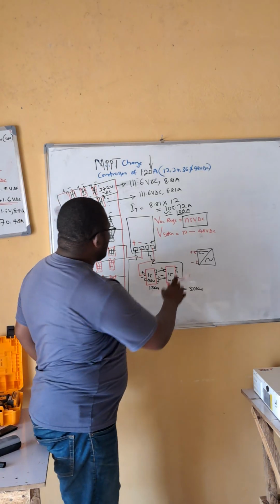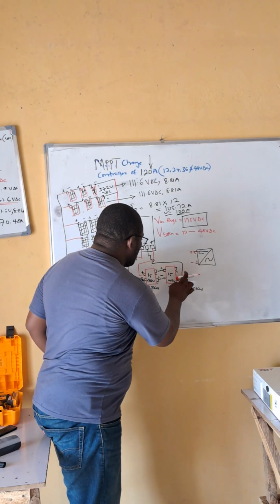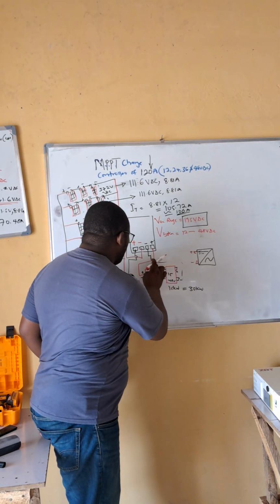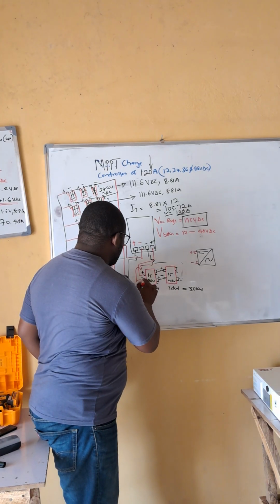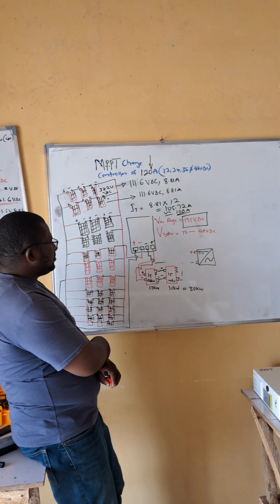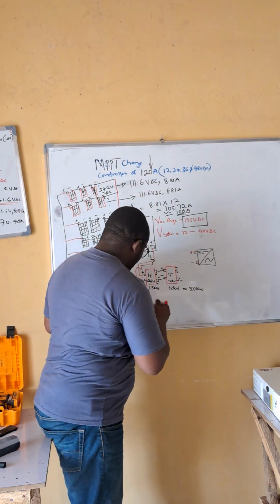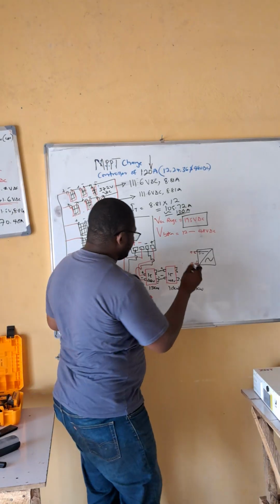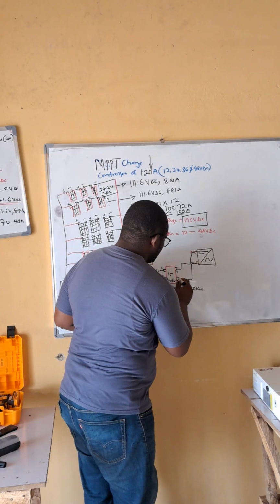You can decide to allow this cable to pass through the very first terminals here. And then for the inverter, you connect plus to plus, minus to minus. It's still the same thing.